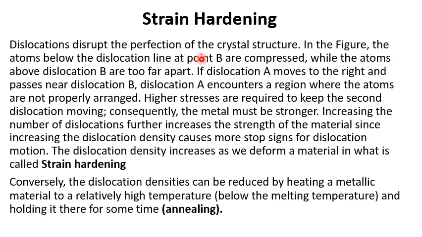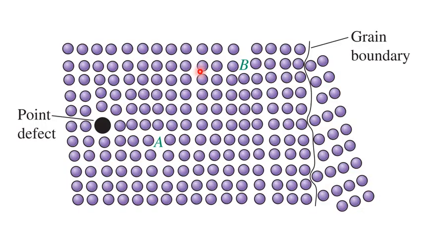We know that the plastic deformation or the strength of the metallic material mainly depends on dislocation motion. However, the number of dislocations in the metallic material has a major effect on the strength of the material. I prefer to explain this on the figure instead of reading the text.